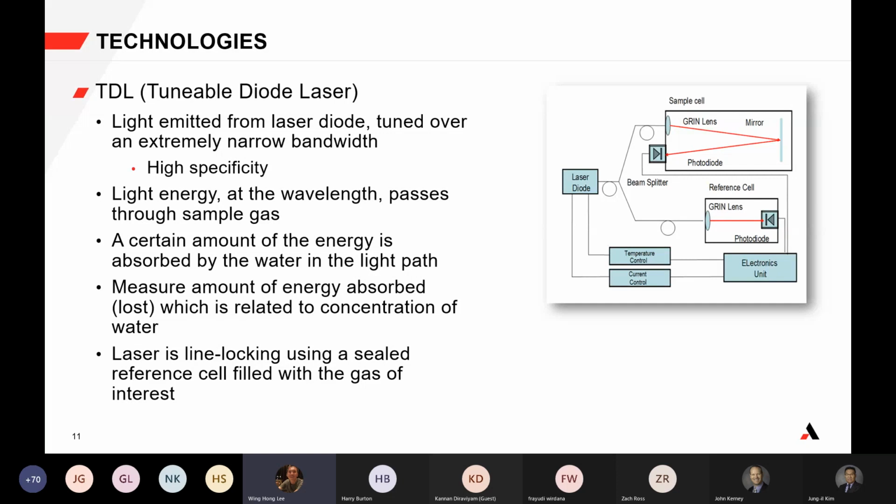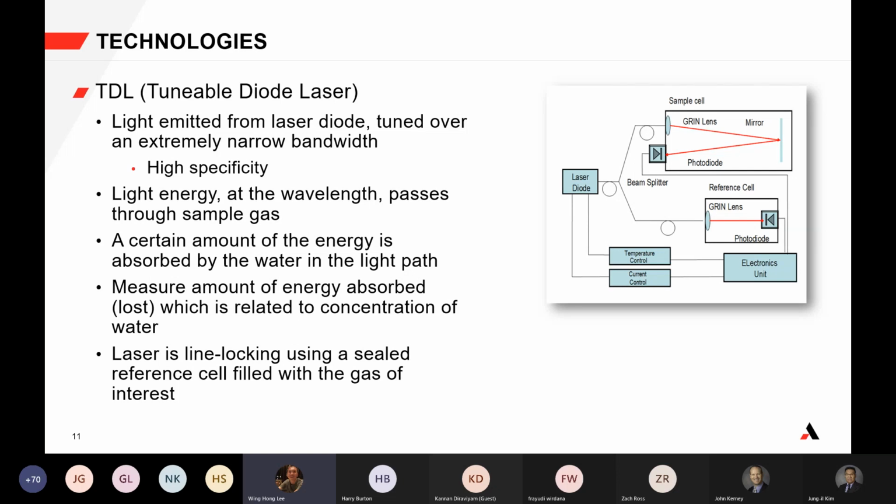TDL, or tunable diode laser, also known as TDLAS or tunable diode laser analyzer system, is an absorption spectroscopic technique. The light wavelength emitted by a laser diode has an extremely narrow bandwidth and is dependent on its temperature and the voltage applied.